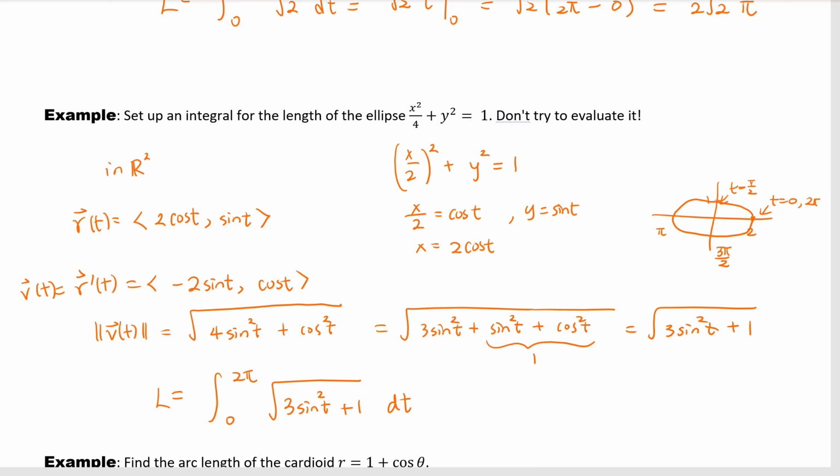This is a square root function, and we cannot use the integration techniques that we learned, like substitution, integration by parts, trig integrals, trig substitutions, partial fractions. None of the techniques can help us to integrate this. However, we can use some numerical methods. Numerical integration can help us approximate this integral as close as we want, which we don't cover in this course.